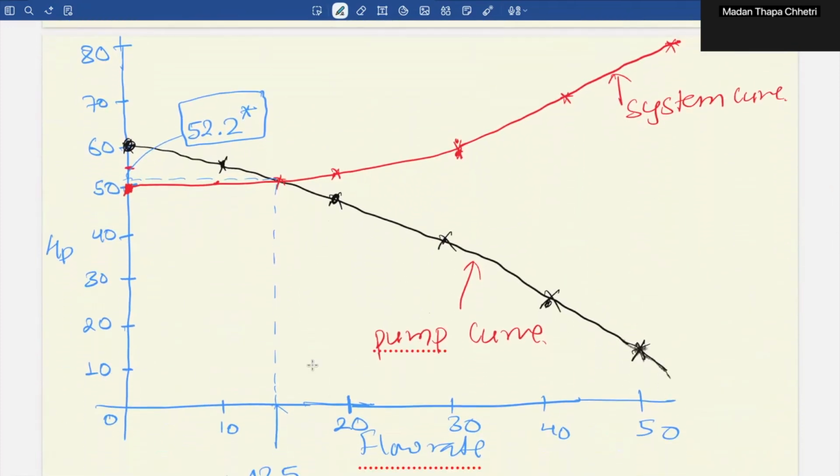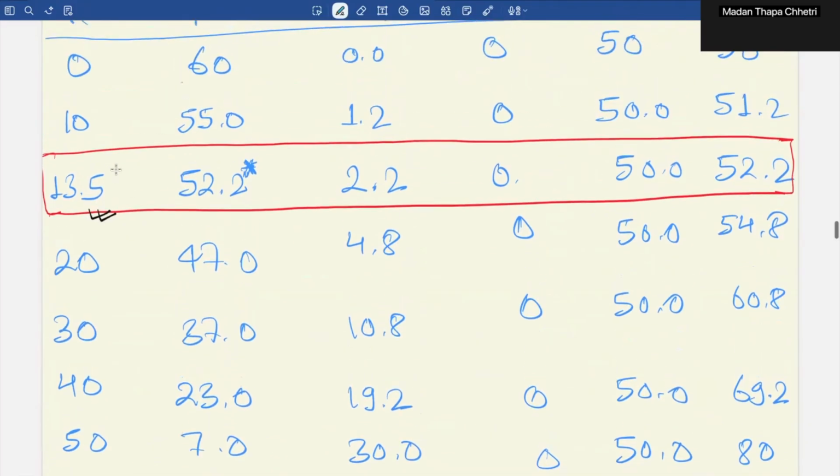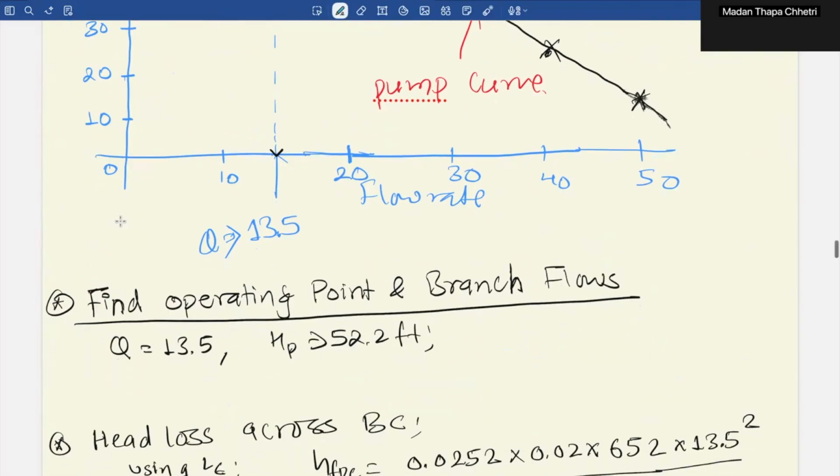So once we plot all those system heads and flow rates, the intersecting point here, when we go down here, gives us 13.5, whereas when we come here in the horizontal section, it gives HP of 52.2. So that's how we get this. So now we have the operating point and branch flows.